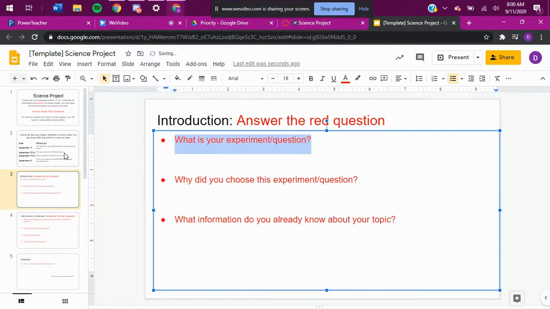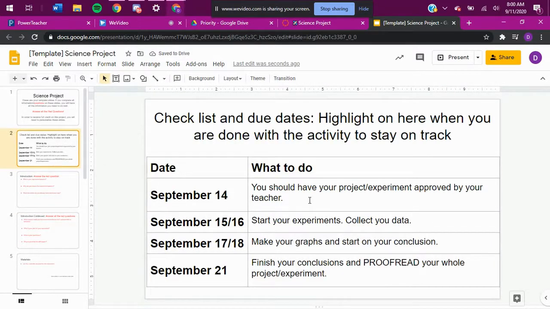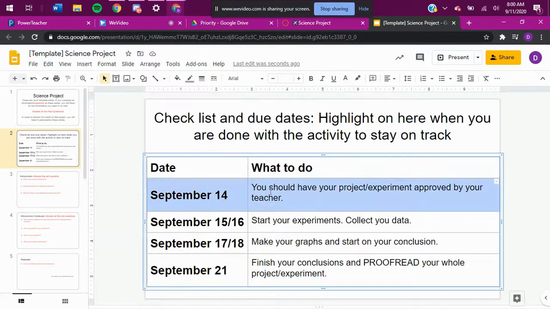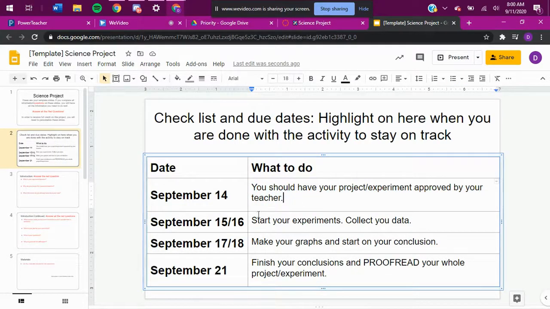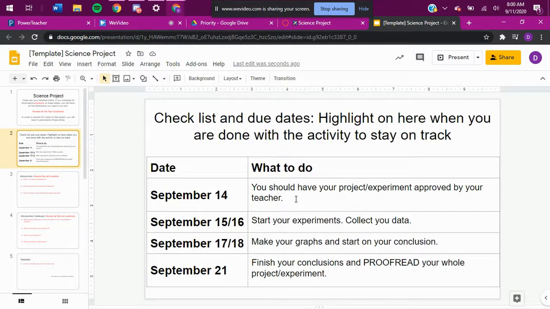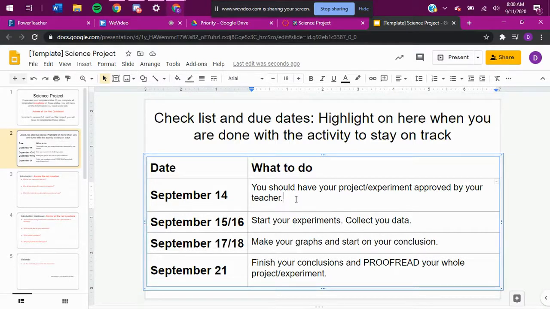Here, you're actually going to be highlighting what you have finished. By Monday evening, you should have slide 8 done. What that's going to cover is your question, your variables, your materials, and your procedures that you're going to do.